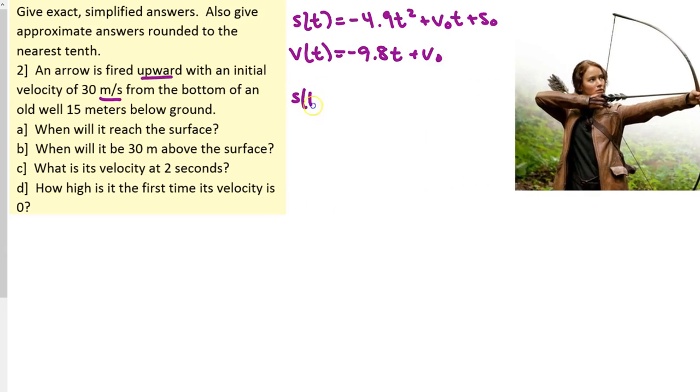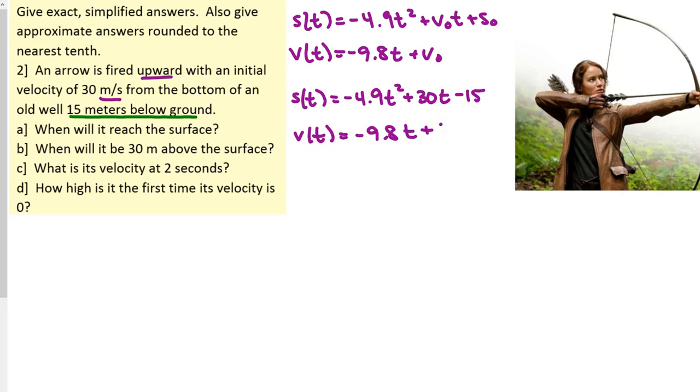So we have S of t equals negative 4.9 t squared plus 30t, and we're told that the initial height is 15 meters below ground, so I'm going to think of that as negative 15. And then here's our velocity equation. Velocity equals negative 9.8 t plus 30.